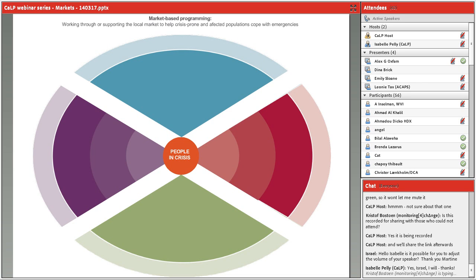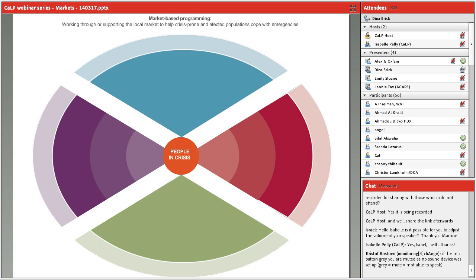There were probably 10 NGOs, a couple of donors, DFID, OFDA, Food for Peace called in, the BEAM Exchange, CaLP, and we put together what I'm about to show you, which looks more in depth at the kinds of market-based programming that we're doing. I should note it's very much a work in progress, so we're happy for feedback. I think this is one of those living frameworks, so please do share feedback and suggestions as we go through this.